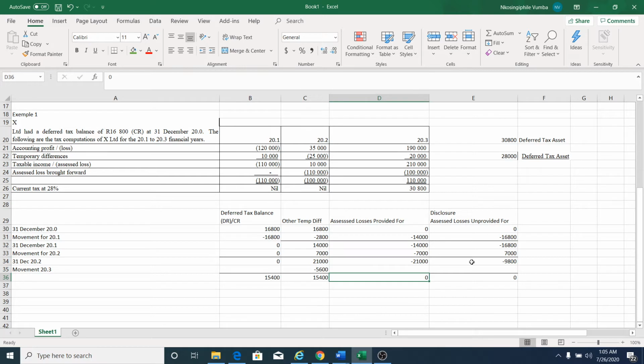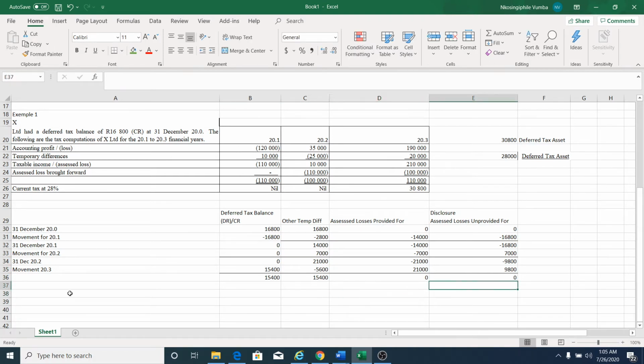Okay, by the way, this should be plus 9.8 to get to here, and this should be plus 21,000, just to check if we are still on the right track. Let's do minus 5.6 plus 21,000 and see. Okay, yeah, it gives us 15.4. Then it means we are still on the right track.